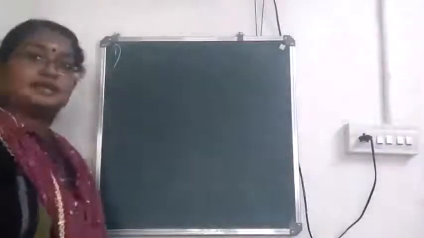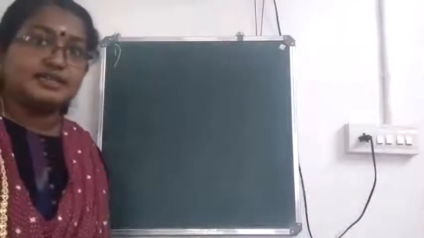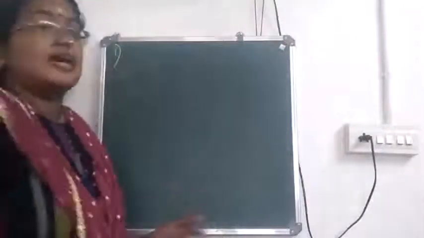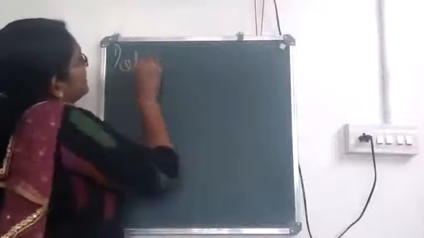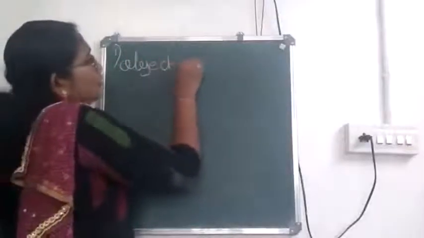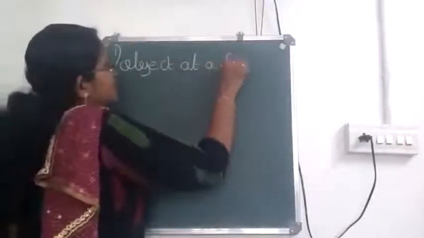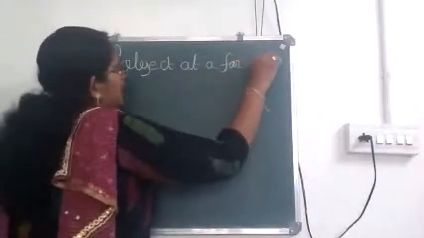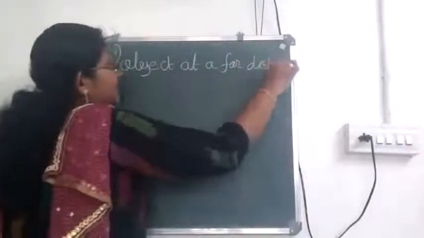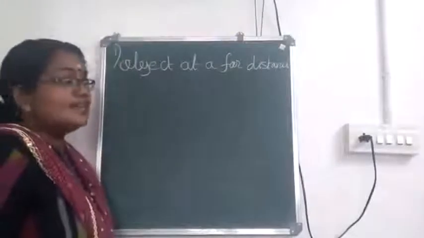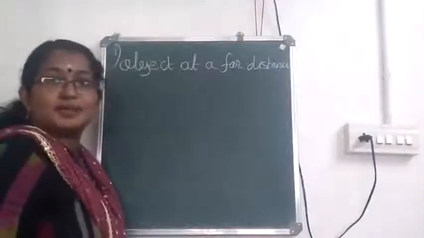Okay. Similar to the first case, here also we have the second one. That is, if the object is at a far distance. Under the same heading one, you can write object at a far distance. What is the specialty if the object is at a far distance? Then the specialty is the rays won't be parallel to the principal axis.